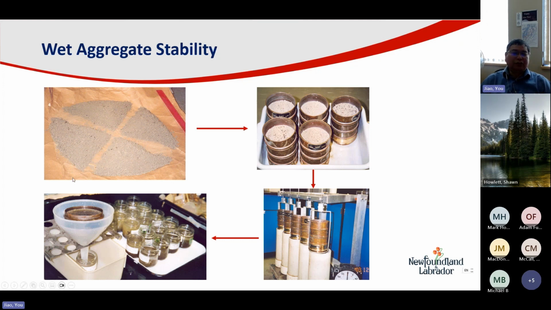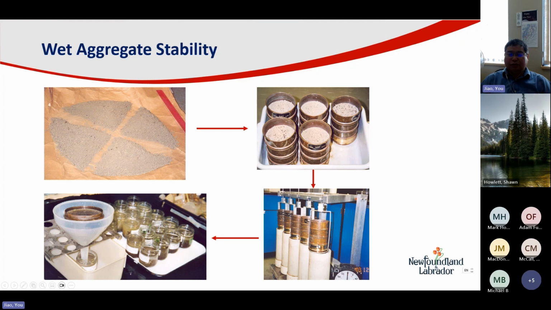We get the soil, quarter the soil, and put it in a set of sieves with different openings, like each one has 1, 2, 3, 4 different openings, and then soak in the water. Again, we use a clock to control exactly 5 minutes, so the results can be compared across labs.